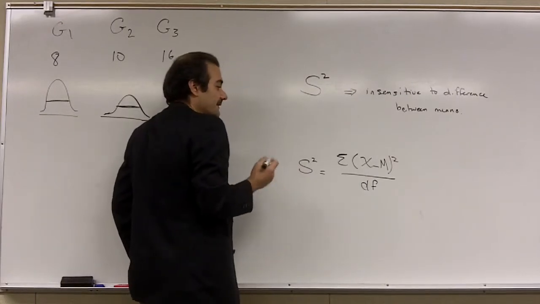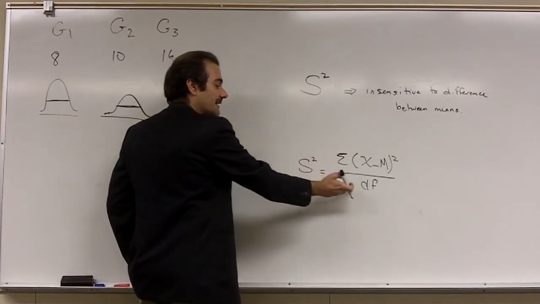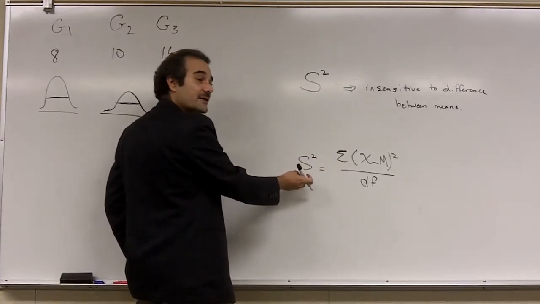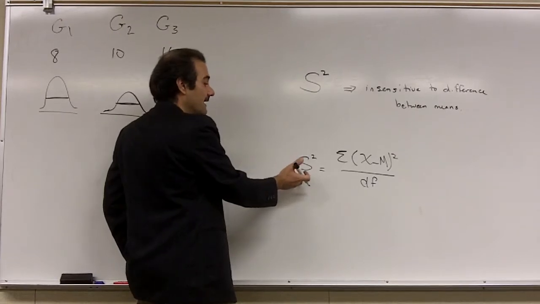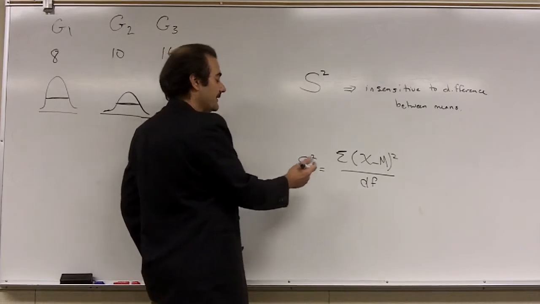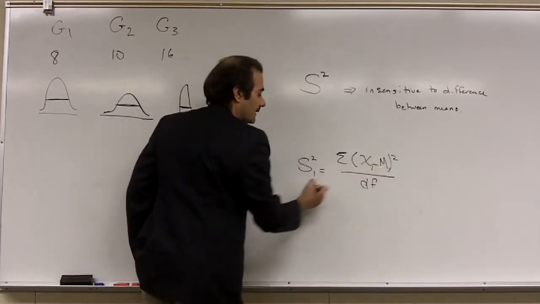So this method of just summing the deviations and dividing by the degrees of freedom gives you estimates of the variance. And if you take the average of these variances, let's say you have three groups. S1 gives you the X1, M1.